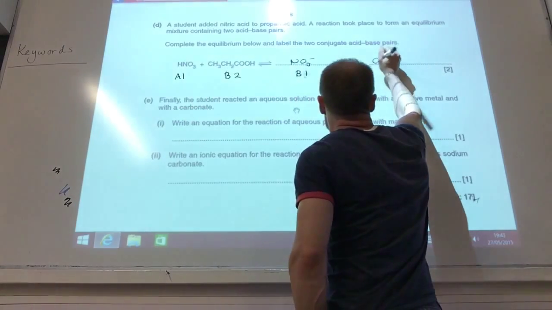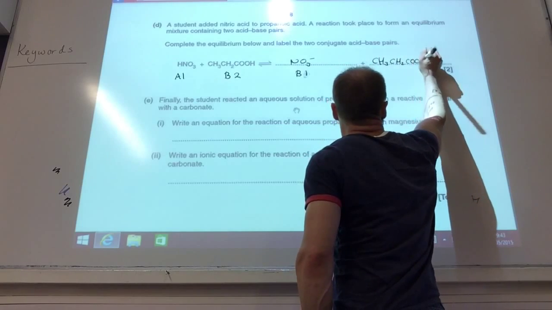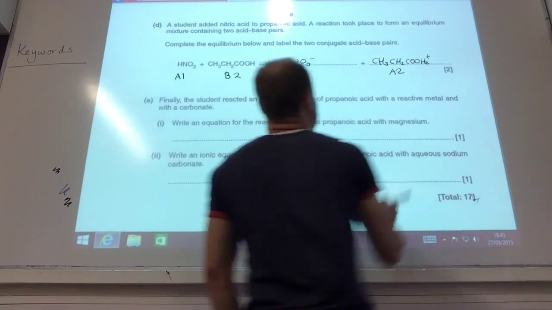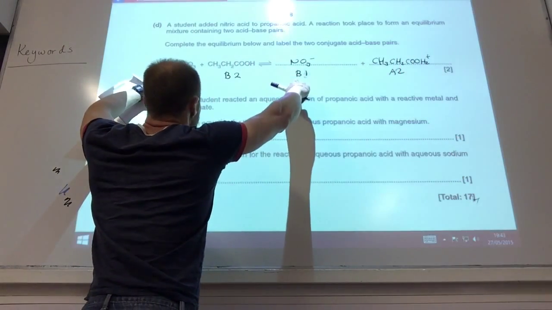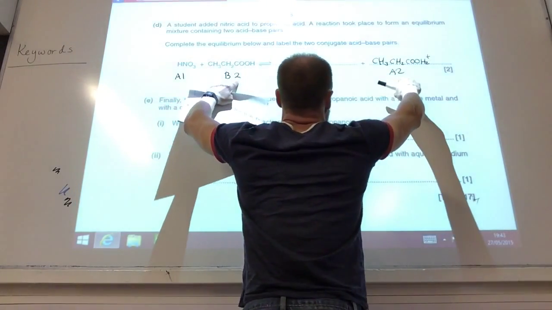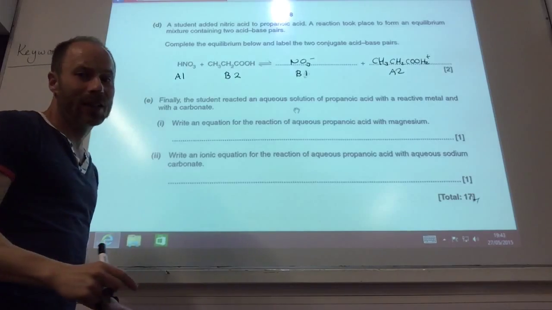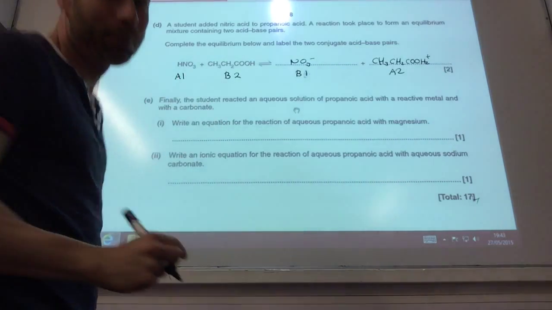This guy is going to accept a proton, like so, and therefore he is acid 2. Remember, your conjugate pairs must differ by H plus. So always make sure they differ by H plus. The key thing to spot here is he was a strong acid.